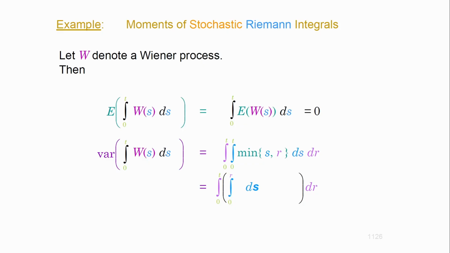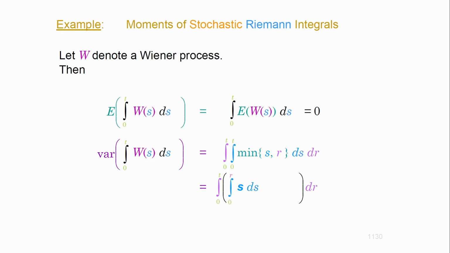Now the question is, if you address this, what is the minimum between s and r if s is rolling from 0 to r? You understand the point? What is going to be the minimum of s and r? If s varies from 0 to r, it's going to be s all the time.